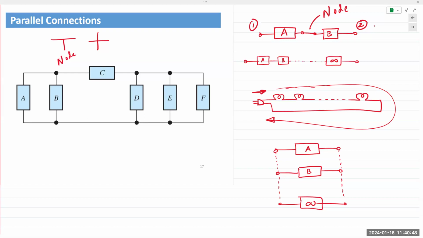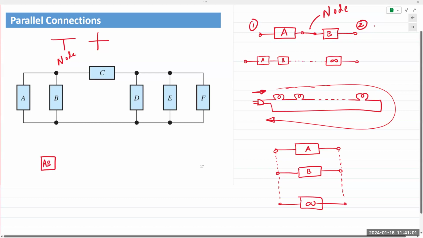Anyway, A and B are in parallel, and we can say the same thing about D, E, and F. So I could reduce this to one element. You can call it anything you want, I just call it AB.